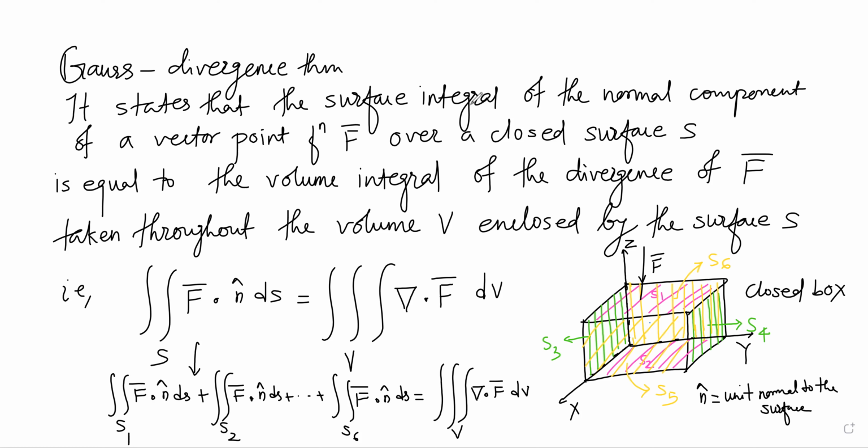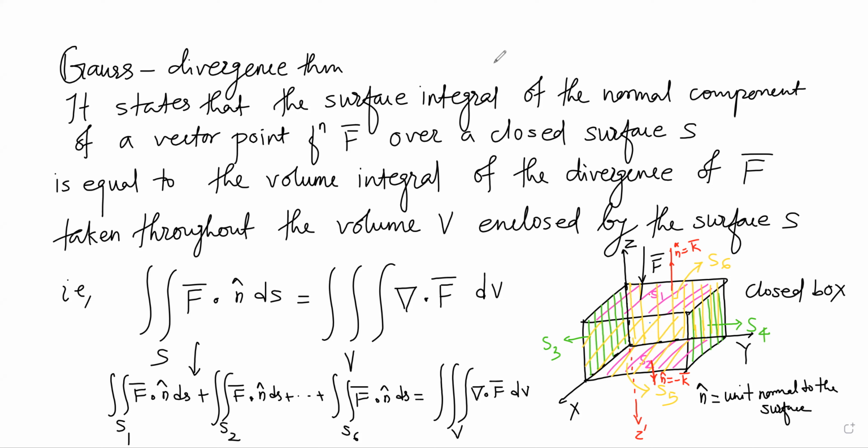Then in that case, what is your n cap? I'm just giving you a brief idea. Here we have the negative z axis, z dash, correct? So n cap to this surface is minus k bar. N cap to the above surface, the top one, is plus k bar because they are parallel to the z axis, correct?